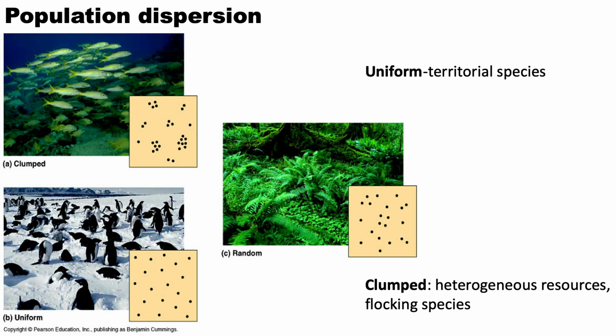Say, frugivores, where the resources themselves are clumped in the environment. So, accordingly, for those birds also, their distribution is clumped, right? When resources are more uniformly distributed, accordingly, the individuals also disperse themselves more uniformly in space, and this is seen in the case of many territorial species, right? And of course, if there is no relationship between them, you also see random distribution, but that is pretty rare to come across.